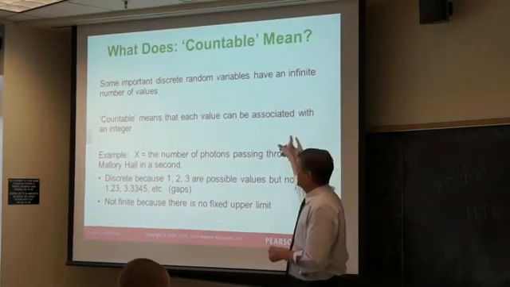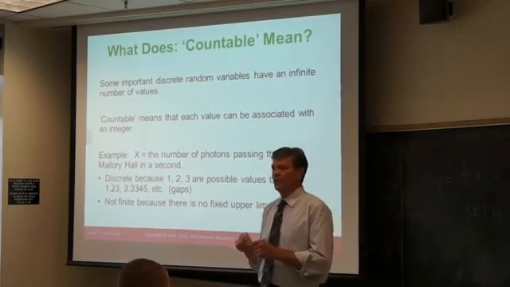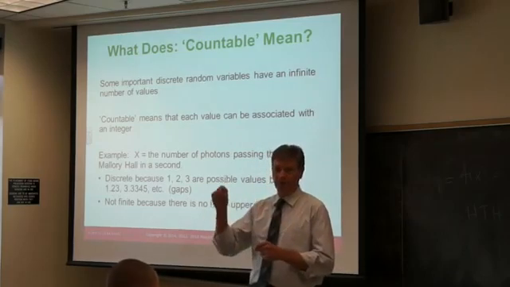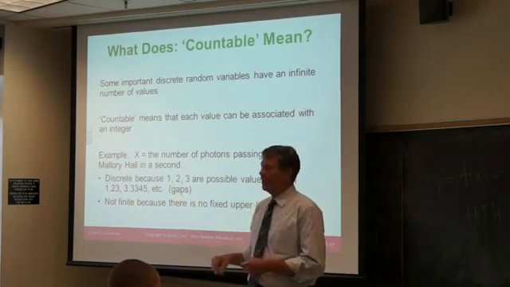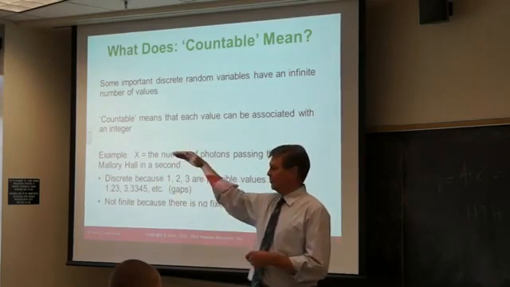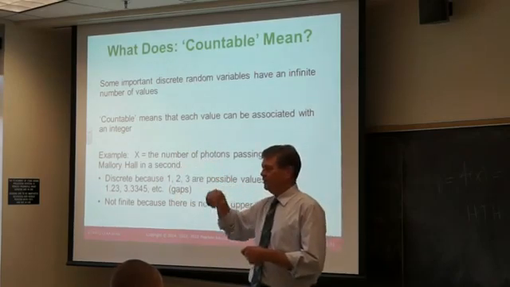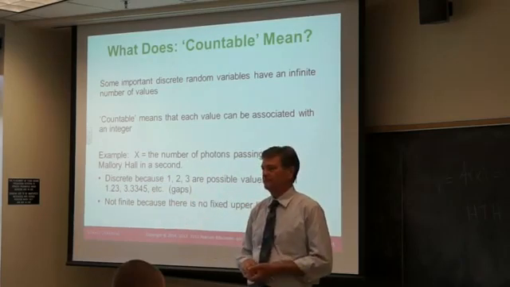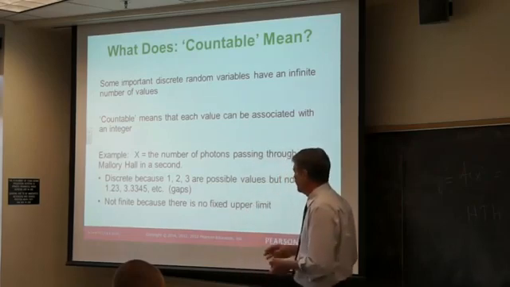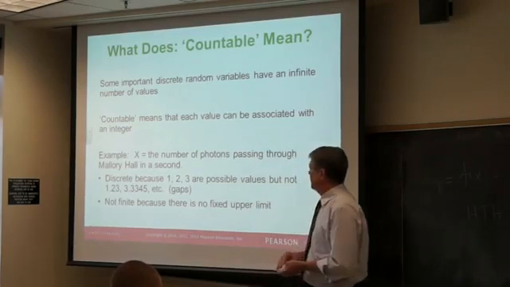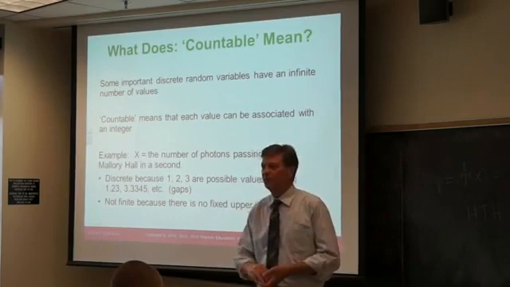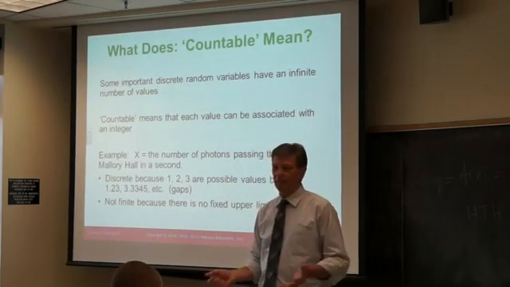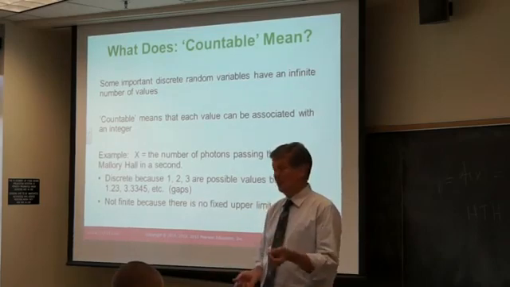In that case, countable means that I can take each of those values and put them in correspondence with the integers. I can count them, 1, 2, 3, and so on. There might not be any upper bound maximum, but I could, in theory, just keep counting and assigning an integer to it. As an example, if I could measure the number of photons passing through Mallory Hall at any second, that's a big number, but it's a countable number.